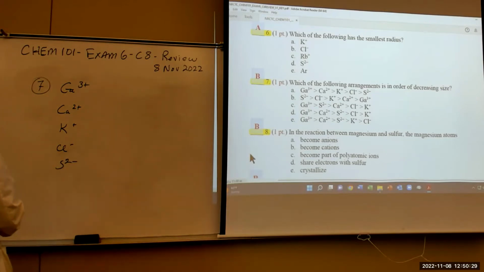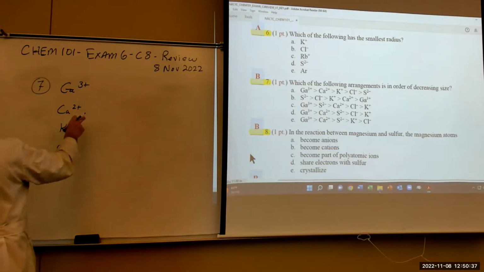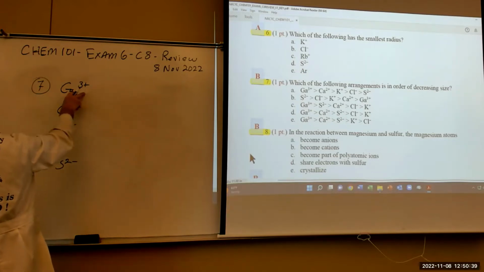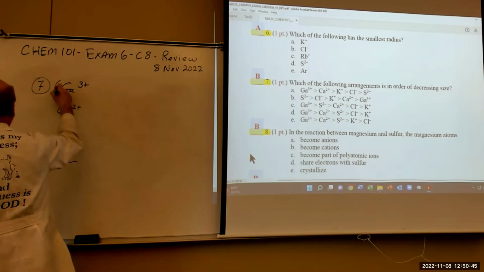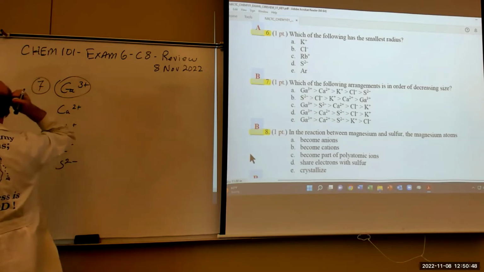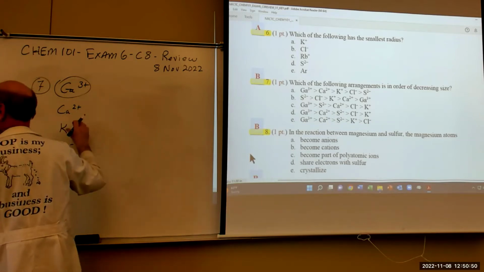Now let's see if these guys are related in any way. Gallium 3+, that's going to be a sticking point right there. I was looking to see if they were all like argon.